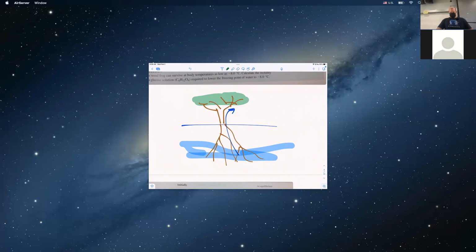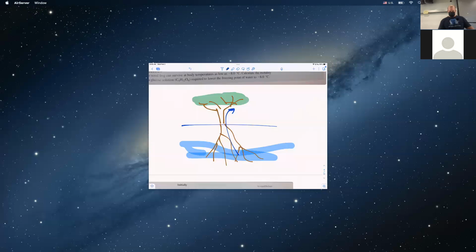Trees are able, with their root systems, to draw water up into their leaves. And how do they do that? The answer is osmotic pressure. I'm going to do an example to show you how it works.